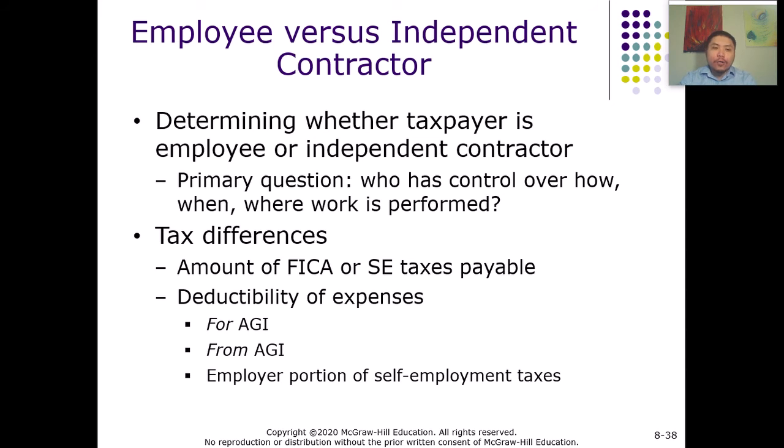However, self-employed taxpayers can deduct a lot of their business expenses under the for-AGI deduction. Right? So that alone gives an idea of how deductibility can be very different between employee and independent contractors. So that's why, again, it's important to differentiate between these two statuses, right?